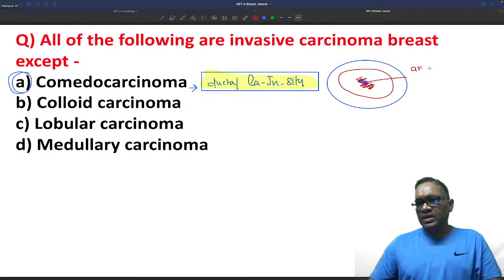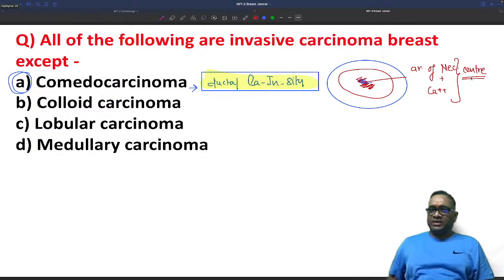When you find necrosis plus calcification in the center, that is called comedonecrosis, which is seen in ductal carcinoma in situ.